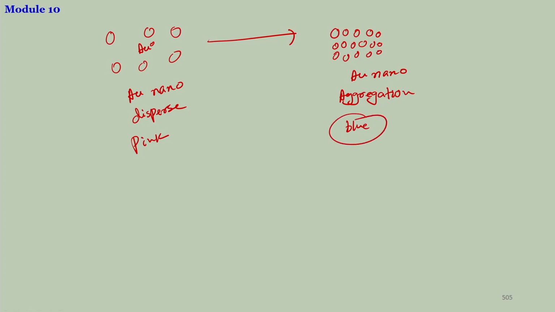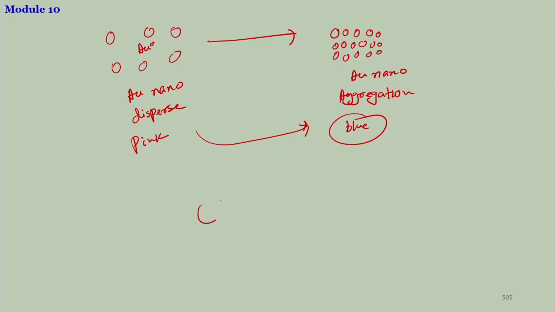So, this change of color you can measure of course using the spectroscopic techniques, using the UV. This change of color is also a way to study different biological aspects, and this is what has been used very nicely to find out presence of single base mismatch in DNA.